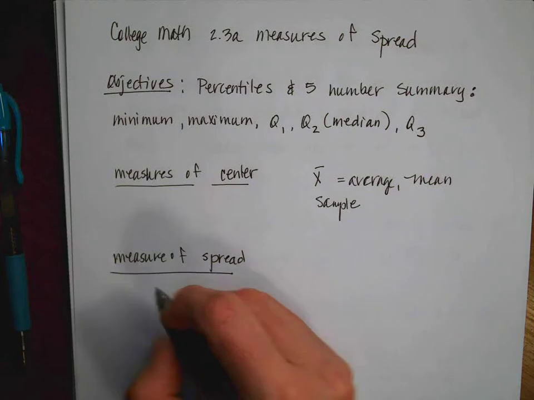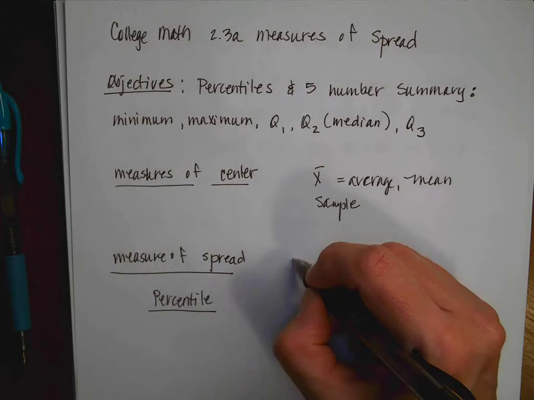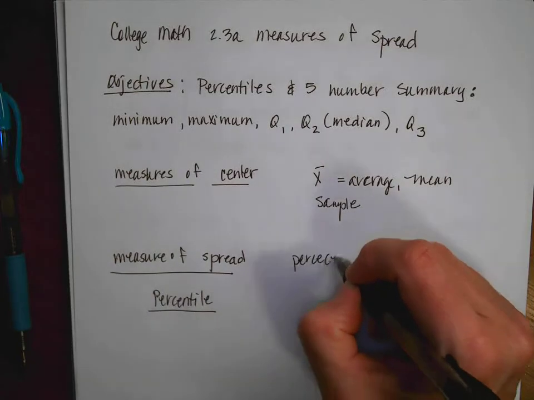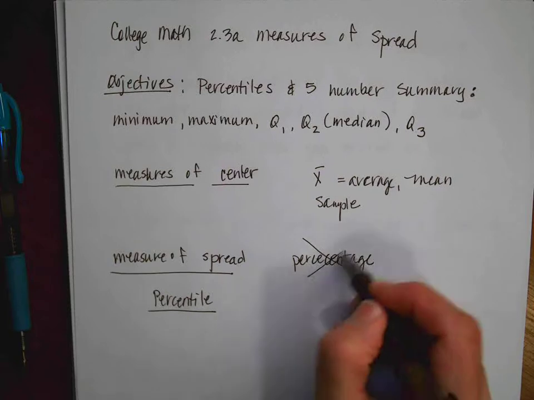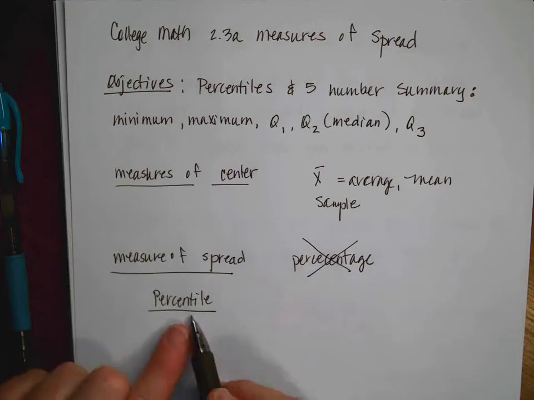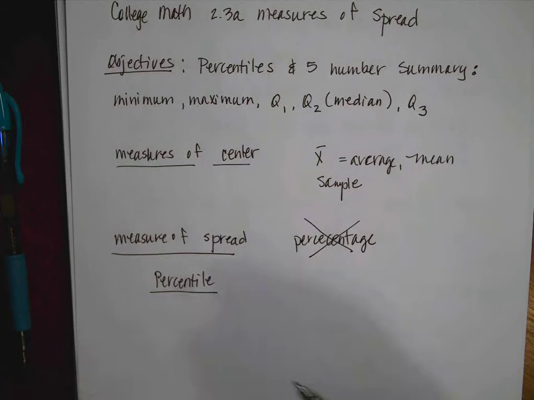That first measure of spread that we're going to look at is percentile. So percentile, notice that it's not percentage. Okay, we're not talking about a percentage, we're talking about percentile. And I know it seems like a silly difference, but this is actually kind of interesting.